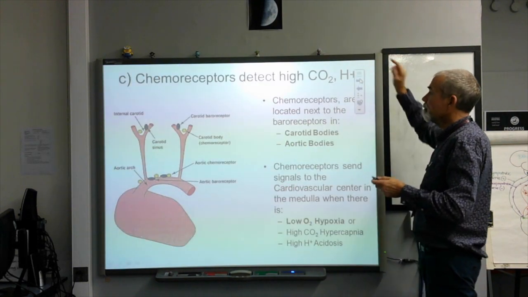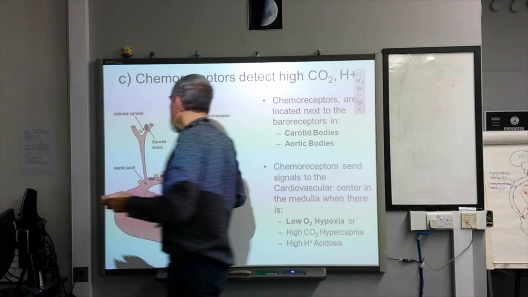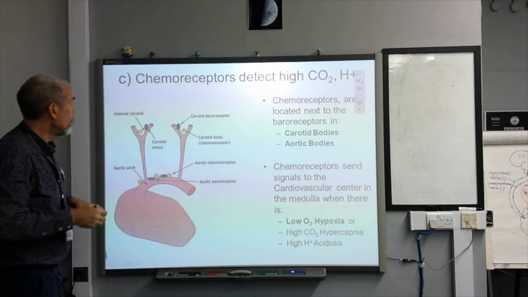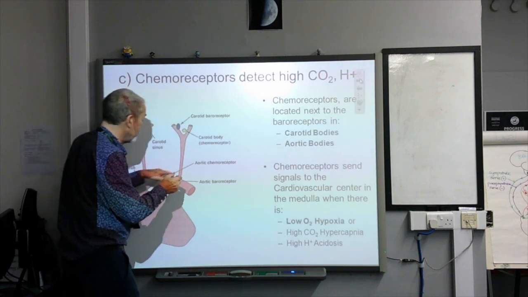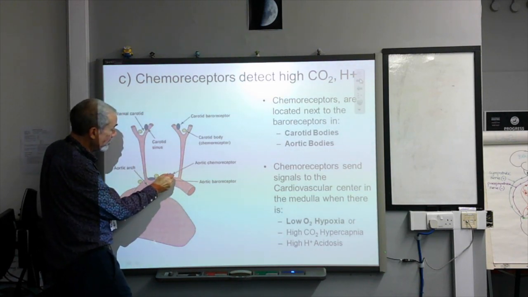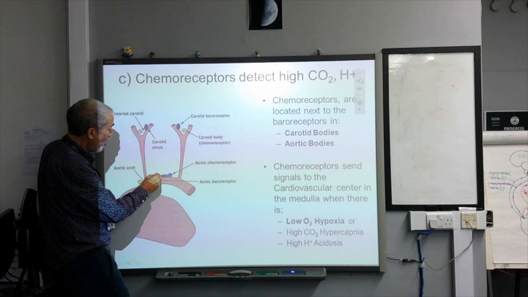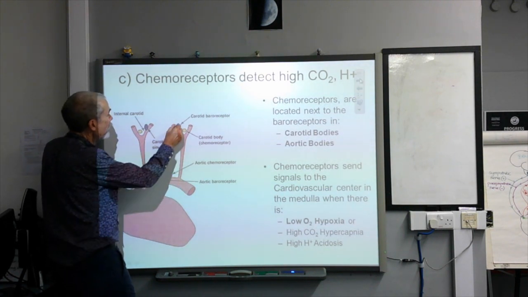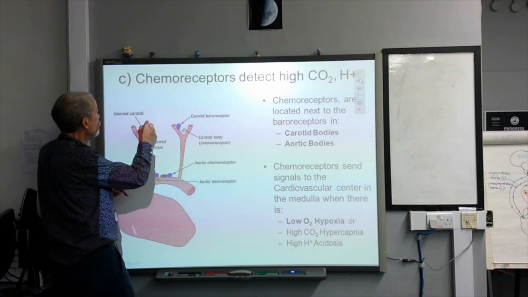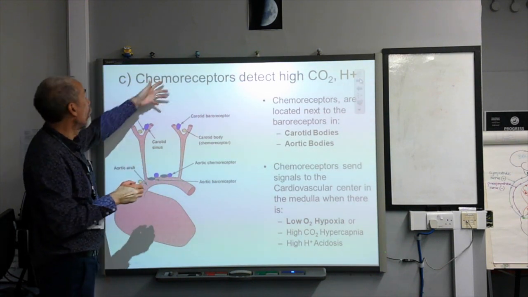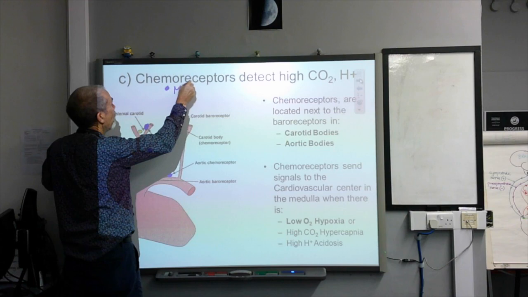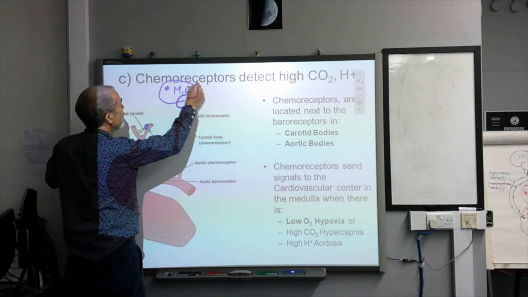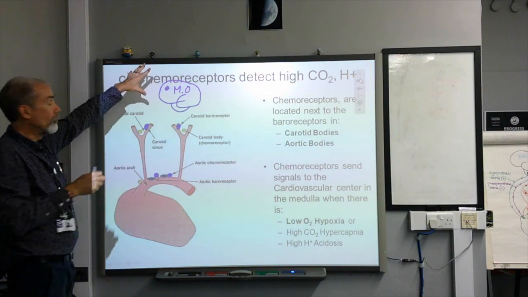Okay, so here we have a little slide, and of course all these presentations are on Teams, and you can see the locations of the chemoreceptors. Here they are. I'm going to put them in blue. Chemoreceptors on the aortic arch, chemoreceptors on the carotid artery, and the one that's not on here, of course, is the chemoreceptor in the medulla oblongata, which is in your brain at the top.